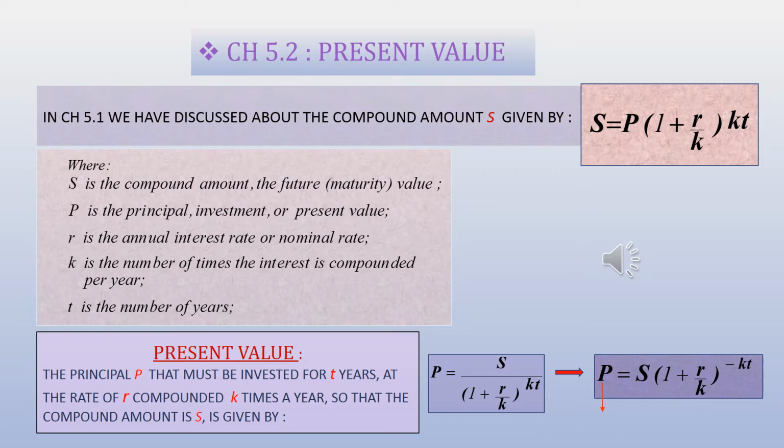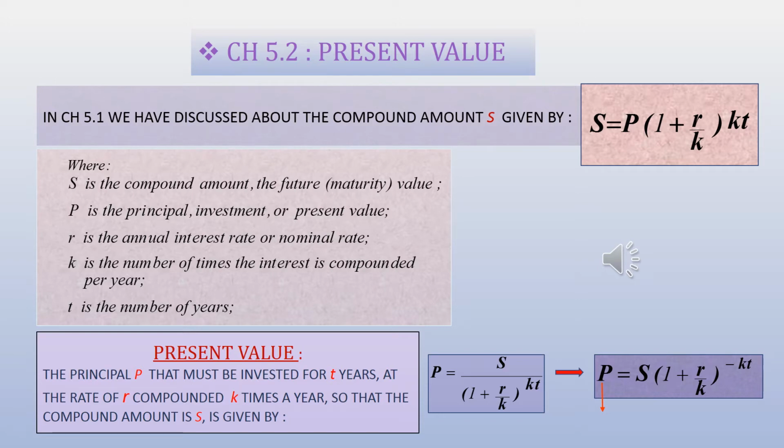Present value is the principal P that must be invested for T years at the rate of R compounded K times a year, so that the compound amount is S. It is given by P equal to S divided by (1 plus R over K) to the power of KT. So this is only a simple calculation.